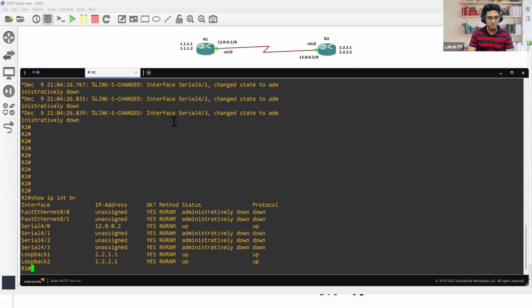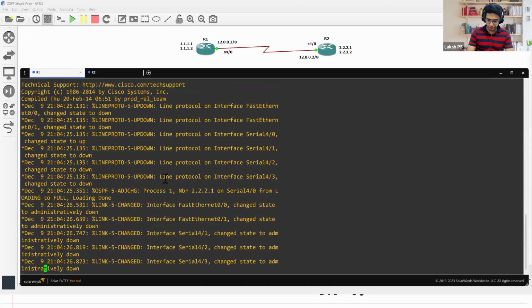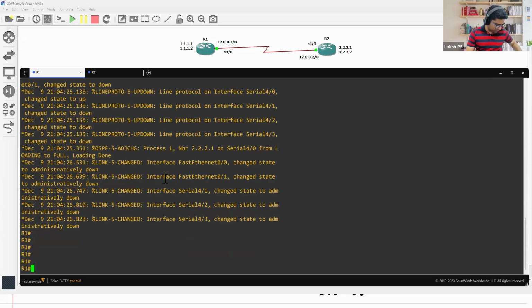To save my time, I usually save the IP addresses and the OSPF configuration already, so that when I'm taking class for advanced level, I don't have to configure them. The people who have enrolled for the advanced level already know about this. So I will remove all the pre-existing configurations and then we'll start again. Give me just 5 more minutes and we can start.